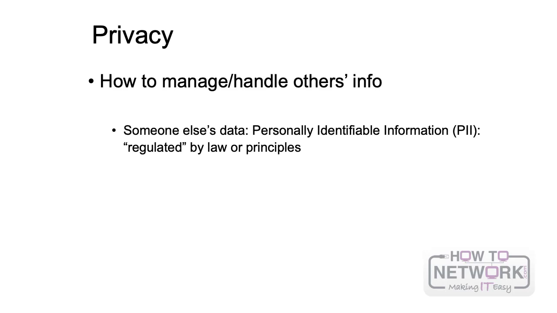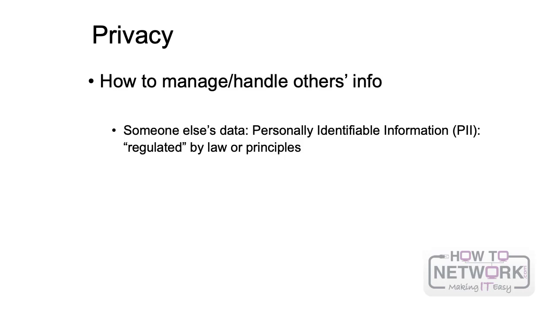And that information is identified, and you're going to see that many times in the CompTIA CySA+ exam, as PII. They're not going to use the words personally identifiable information. The entire time in the exam, it will display PII. So you're supposed to know that it stands for personally identifiable information, which is private information or private data, someone else's private data.